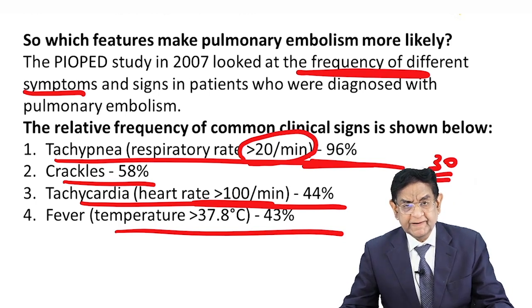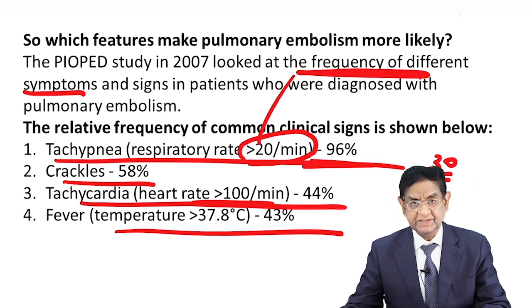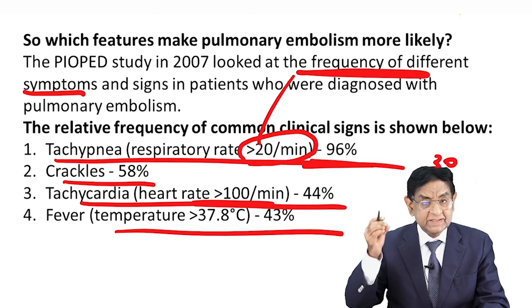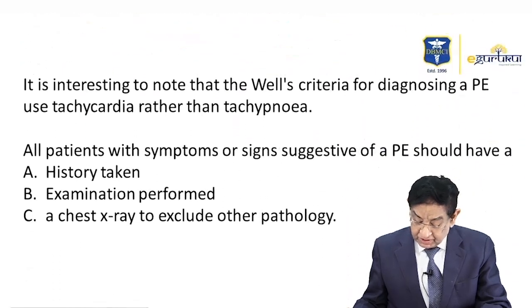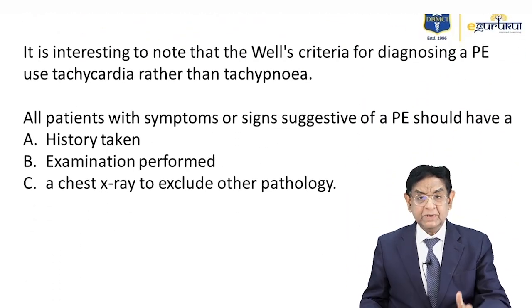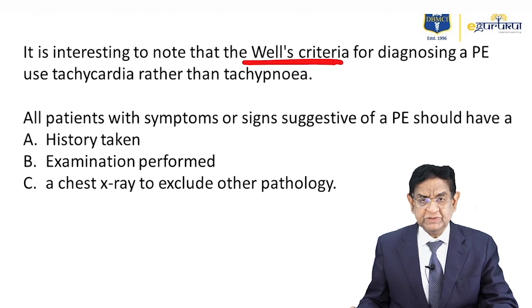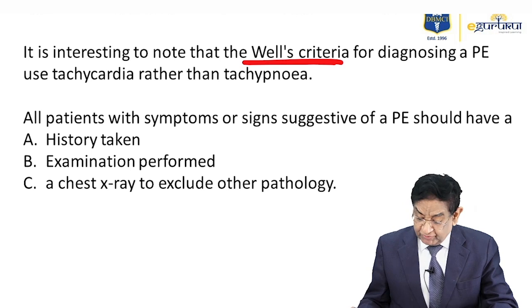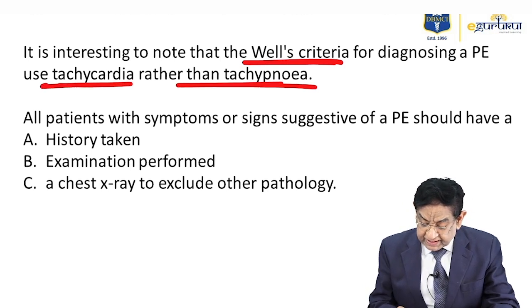So in the previous slide also I told you dyspnea is the most common manifestation. But why am I spending so much time on this? There is a catch here also. Soon I will be talking to you regarding Wells criteria, which many of you know also, used to assess a case of pulmonary embolism. In Wells criteria, tachycardia is considered, not tachypnea.